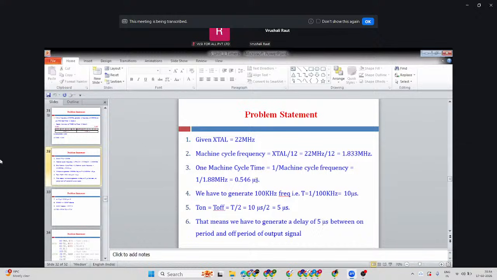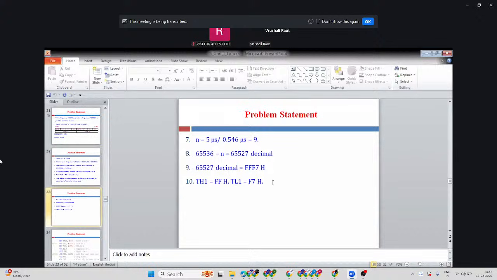So how many machine cycles will be required? 5 microsecond divided by 0.546 microsecond means 9 is the value coming out here. Either we can go for hexadecimal, or in decimal we can subtract it from 65536 minus n. 9 we are subtracting, so 65527.